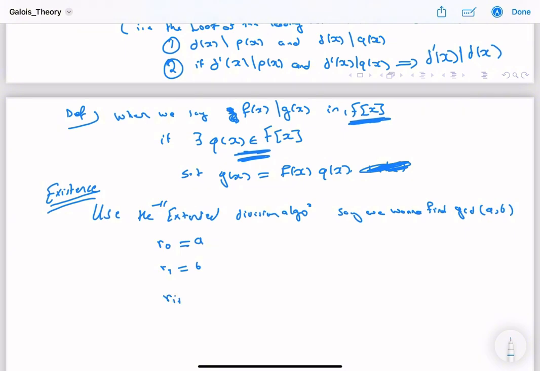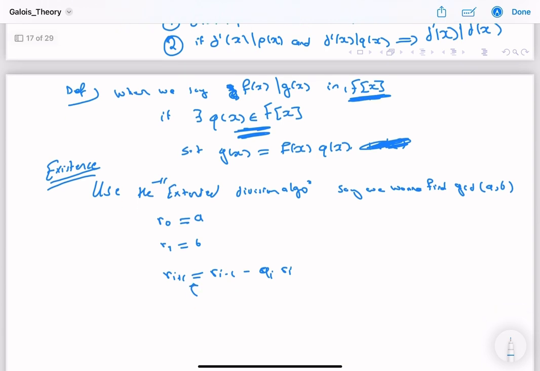And then we're going to repeatedly apply the following. We take r i plus 1 to be r i minus 1 minus q i r i. What we're doing in the ith step is dividing r i minus 1 by r i with remainder r i plus 1.